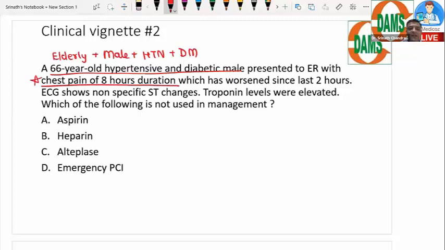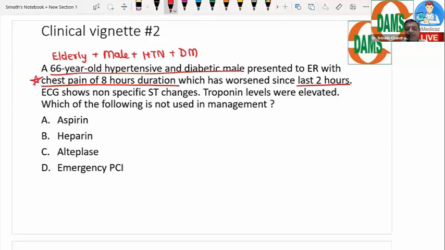With every clinical vignette, I want to try to establish one clinical point, like chest pain. Now, the pain has worsened since the last 2 hours. When a person has chest pain for 8 hours duration and worsened since 2 hours, how will you calculate the window period?